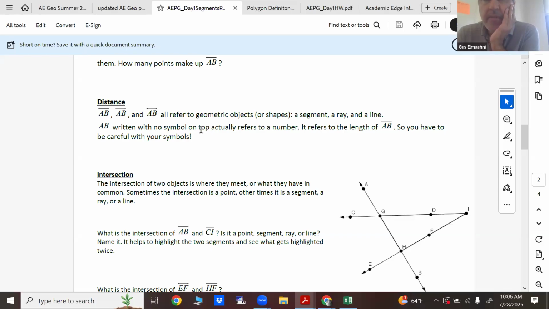If you see just a dash, I'm not sure what you call that, that's a line segment. If you see an arrow, that's a ray, and of course it's a line. So just be very mindful about that. So this is a segment, ray, and line.